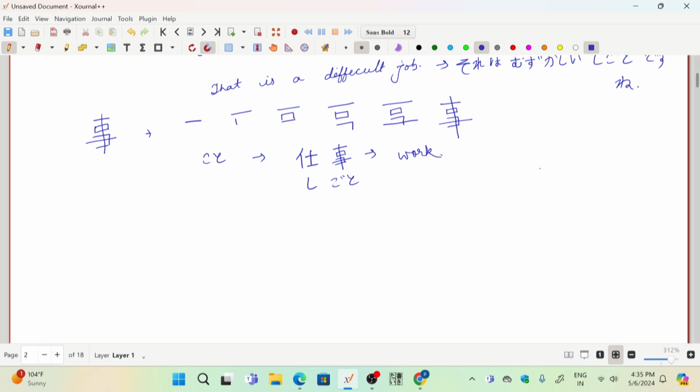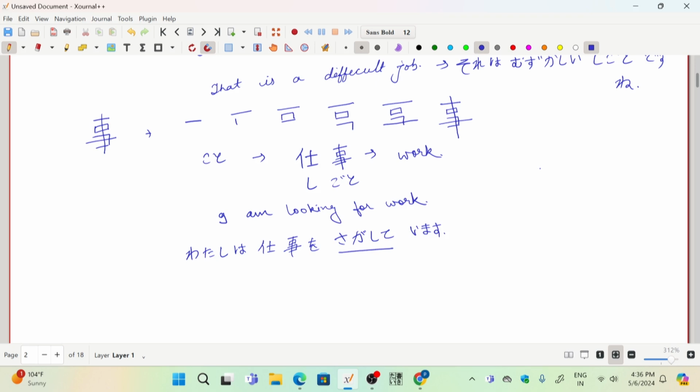So let's make a sentence. I am looking for a job. I am looking for work. It will be Watashi wa shigoto o sagashite imasu. Sagashimasu, the form. Sagashite imasu. Sagashimasu is to search for.